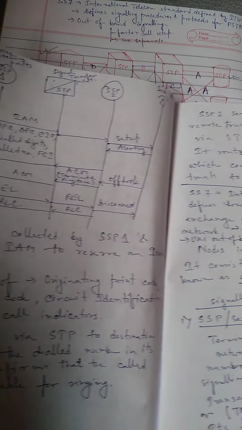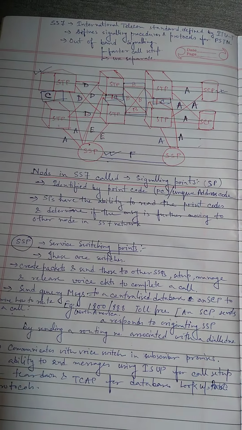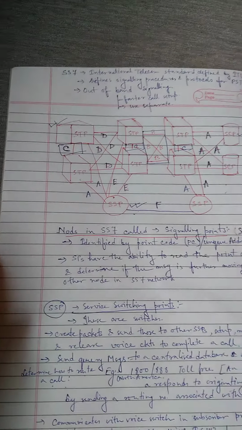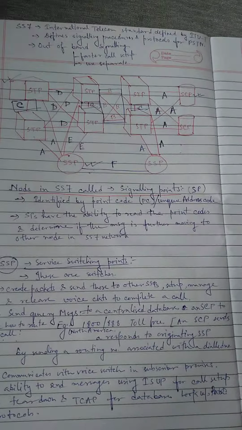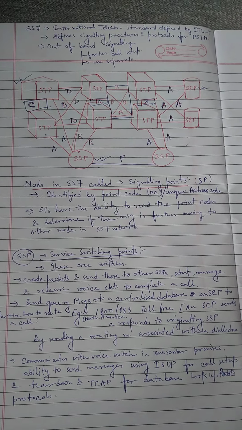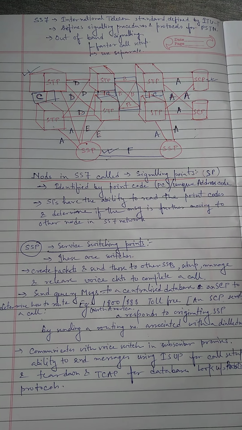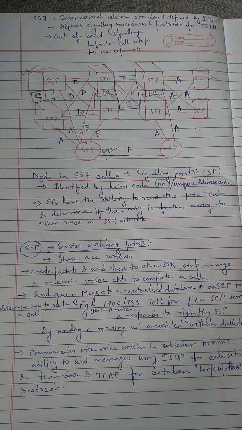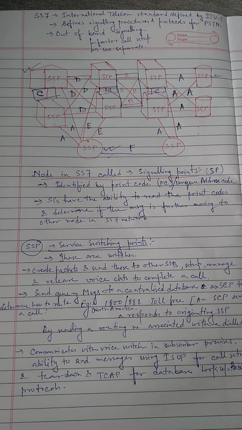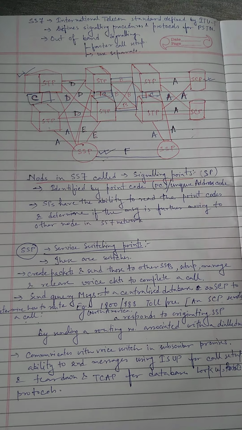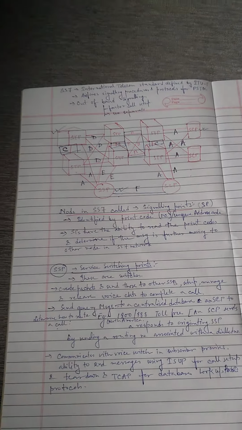Why have I said ISUP before SS7? As I have already told you, ISUP will be associated with this SS7 signaling term. Now, what is this SS7 signaling? It is an international telecom standard defined by ITU-T.